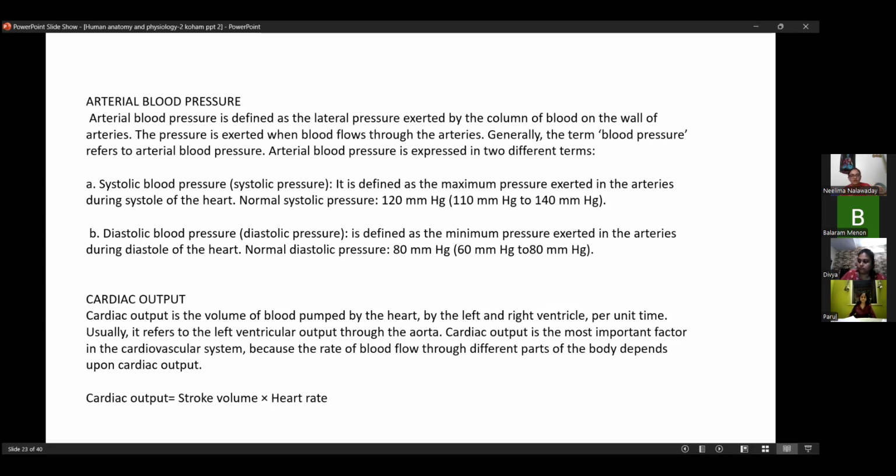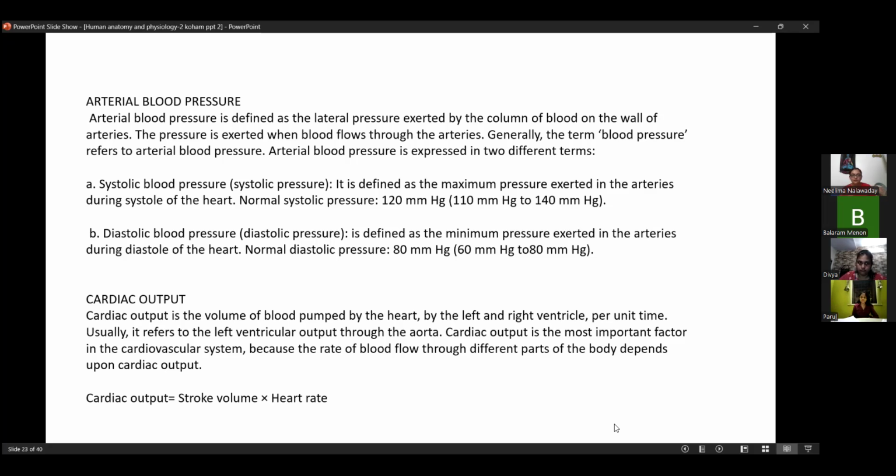Normal systolic blood pressure is 120 mm of Hg. We measure it against mercury. Mercury is Hg. So 120 mm of Hg. It varies from 110 to 140. It is normal.